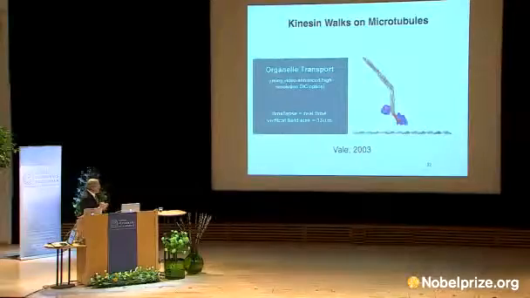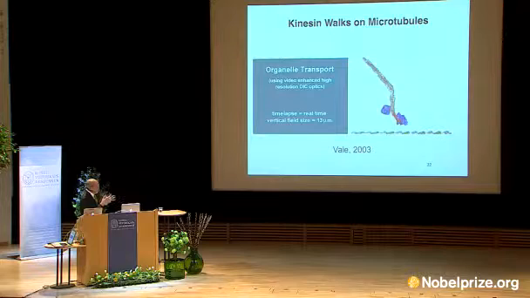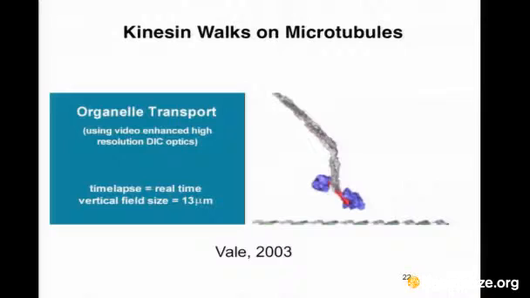Now, one point that wasn't stressed in these lectures, not all vesicles need to be moved from one place to another. But kinesin, which was discovered in 1985, is very important in the sense that it's a molecule that does in fact do the transport of vesicles.